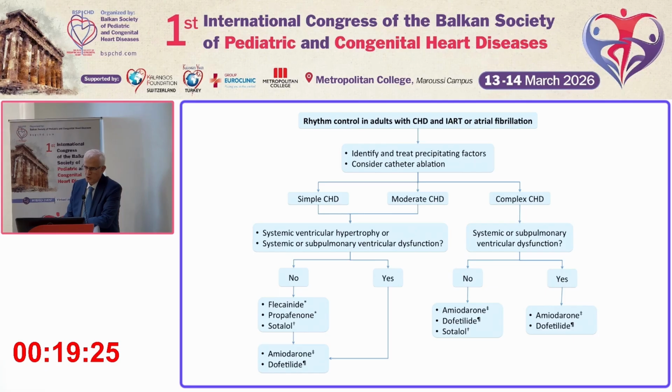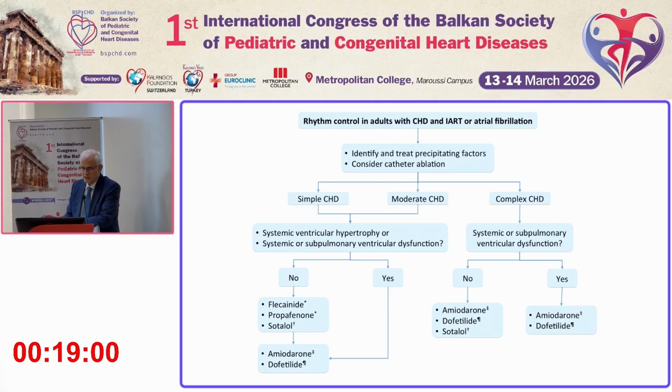The rhythm control with medications is demonstrated in this table. First, we identify and treat precipitating factors and consider catheter ablation. But if we consider that the medications are appropriate, then we use this algorithm to decide which type of medications to use.